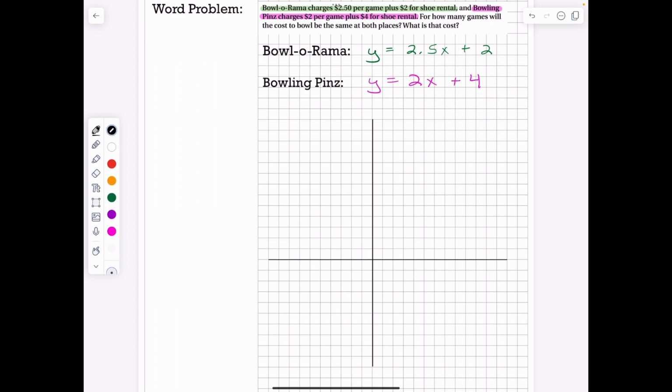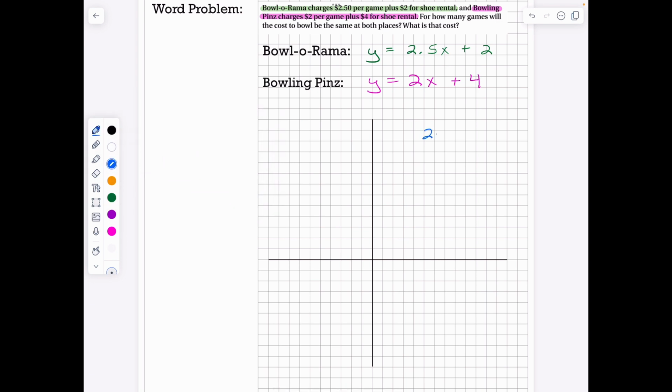Now the first equation, I'm plotting y is equal to 2.5x plus 2. And we're not used to having slopes with a decimal in it, so I'm going to change that decimal slope to a fraction.